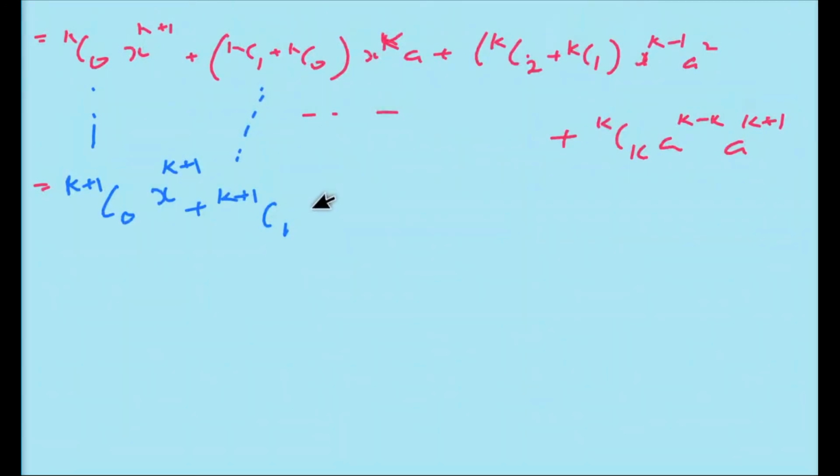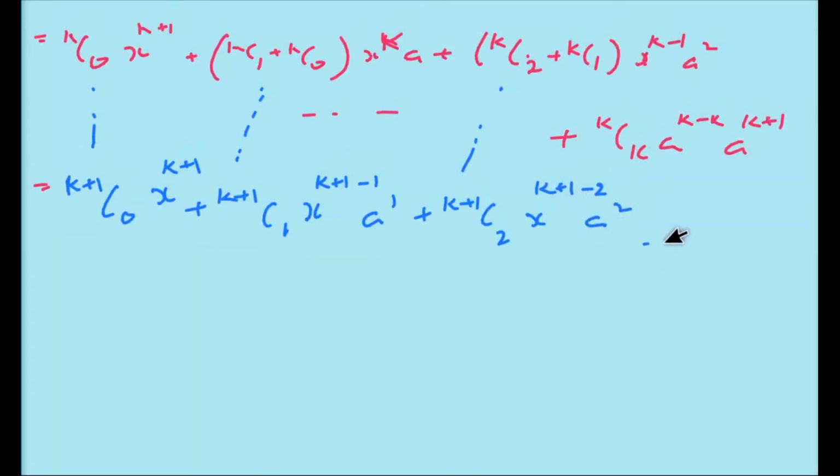So now k can be written as k plus 1 minus 1, and a to the power 1. Similarly, we write (k plus 1)C2, and this one can be written as x to the power k plus 1 minus 2, that is k minus 1, with a square.